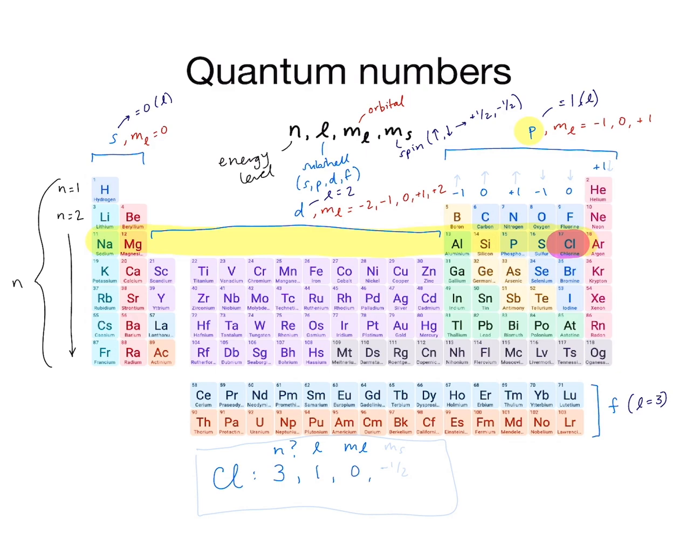And now, going back to our m sub s, we know that we must fill each orbital first before pairing up the electrons. And so when we go across, we have spin up, spin up, spin up, spin down, spin down, spin down. So we know our m sub s is spin down, or -1/2. And there you go. Those are our practice problems for chlorine.